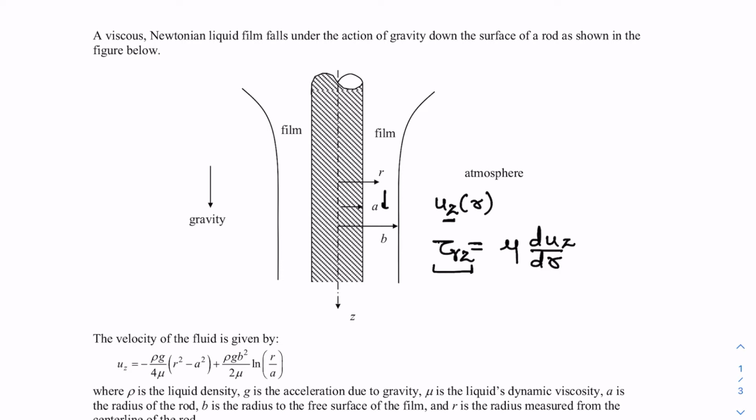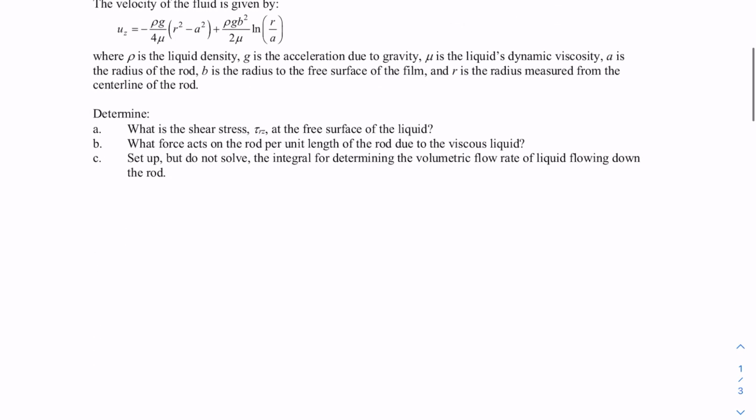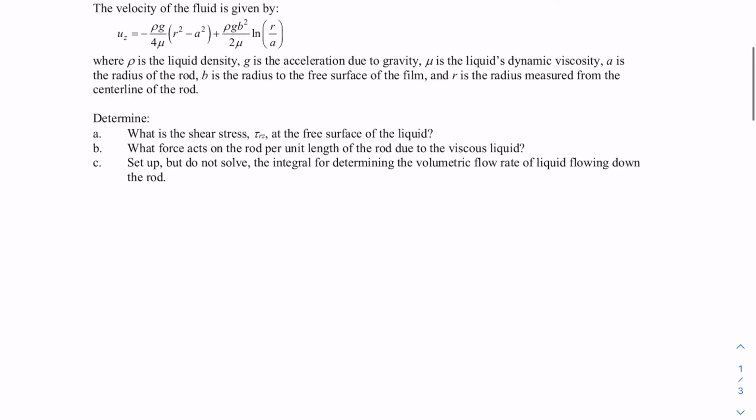From your convention for stress, you know that this first index, r, tells us the surface direction, and the second index tells us the direction in which the stress is acting. So tau rz gives us the shear stress on this r surface in the z direction. So let's find out the solution.